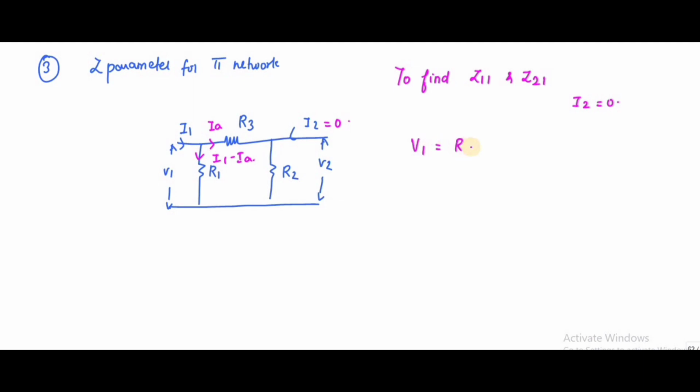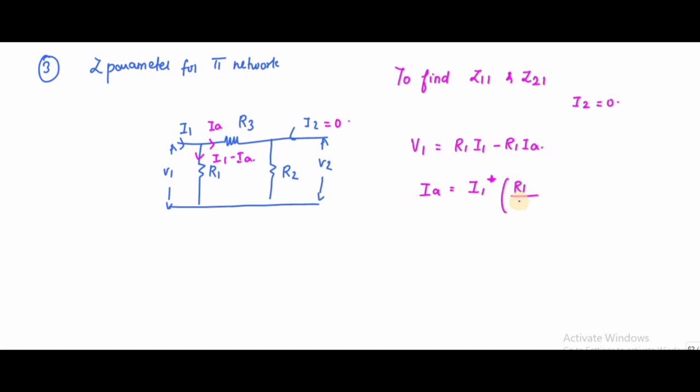First let me write V1. V1 is equal to R1 into I1 minus R1 into IA, right? Next we need to find the value of IA. IA is equal to I1, that is the total current, into R1, the opposite resistance, right?